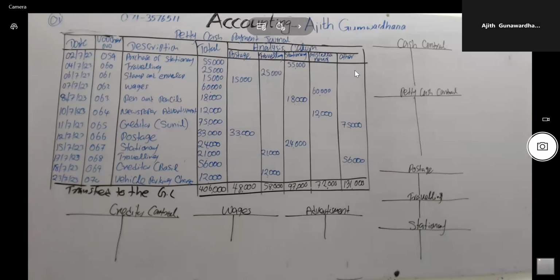From the beginning, each and every transaction should be recorded in the prime entry books. After that, those should be recorded in the ledger accounts. Then by closing the ledger accounts, a trial balance should be prepared. It may be a company, a sole proprietorship, or a partnership. Think about the process.